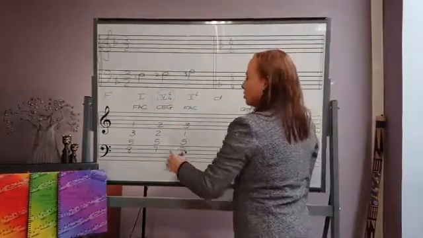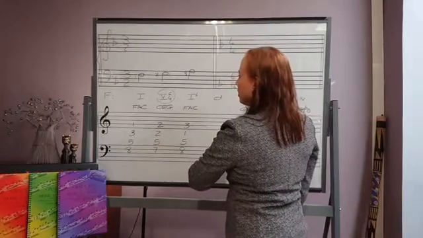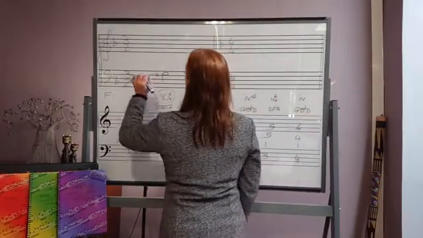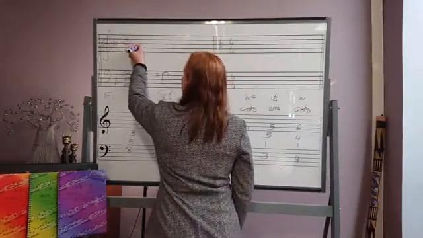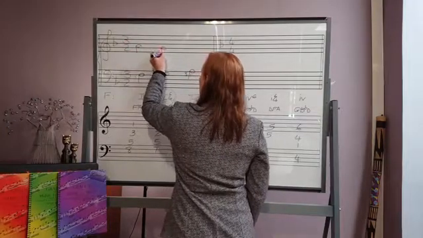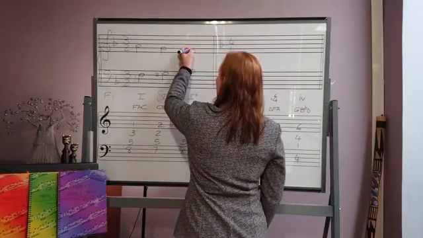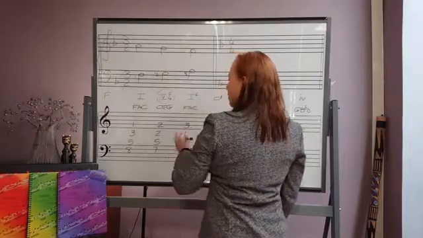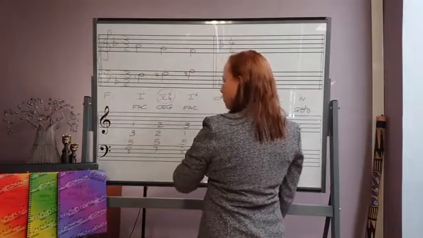And then I'm going to have my 3 to 1, which I will put over here, 3, 2 and 1 in my alto. And then I'm going to write my 5, 5, 5.